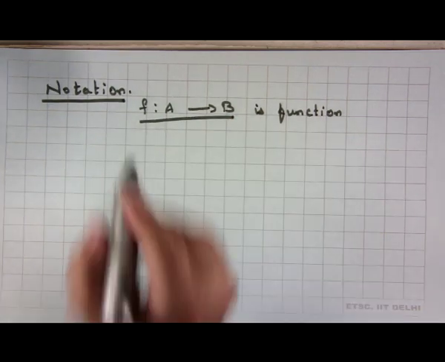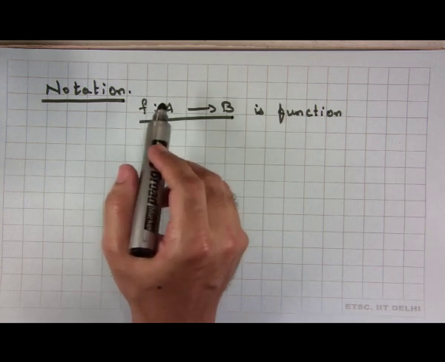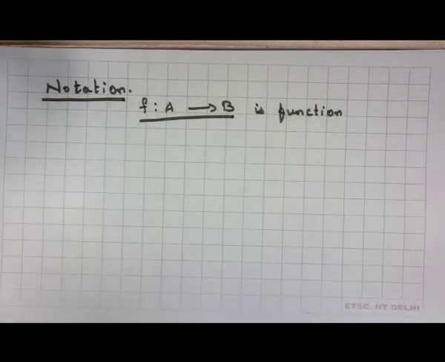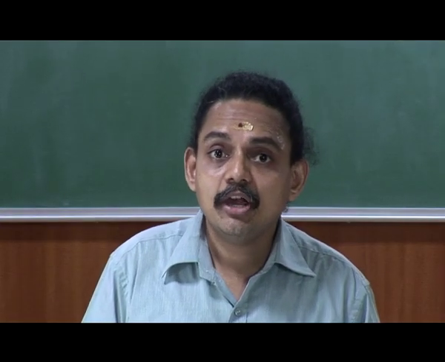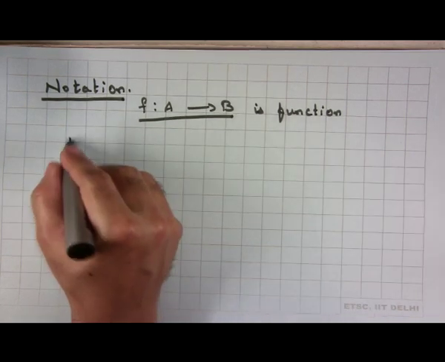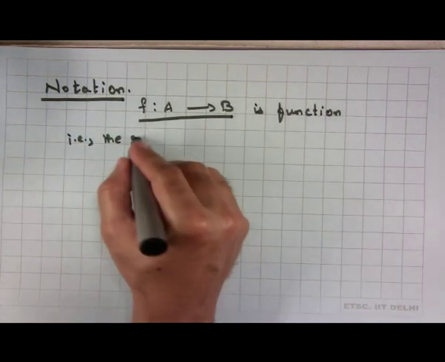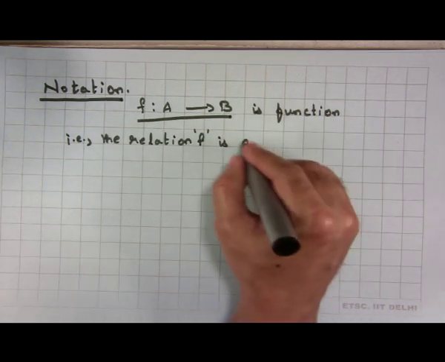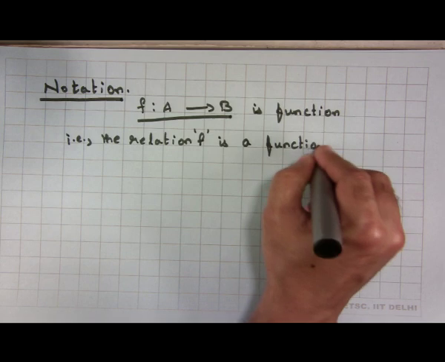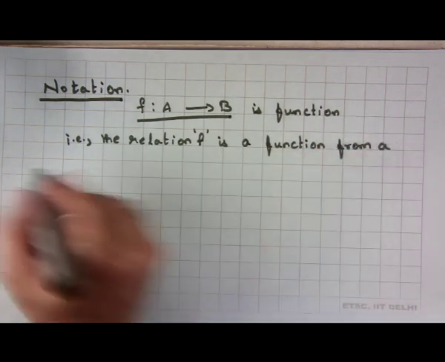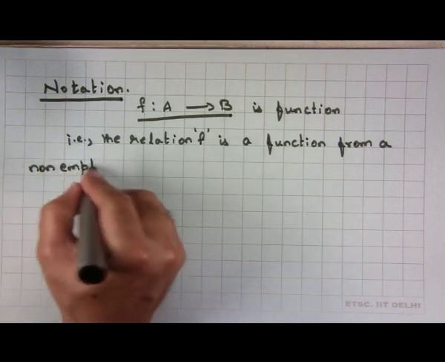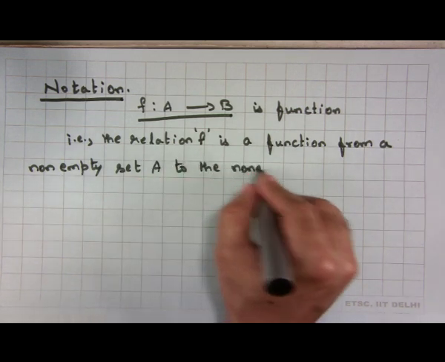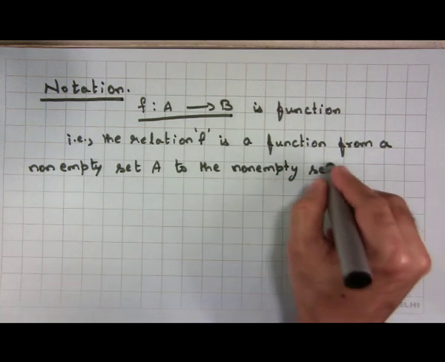So, rather than saying that f is a relation from A to B with certain properties, this is the standard notation f colon A arrow B. This means that you have a function from a non-empty set A to a non-empty set B. So, that is, the relation f is a function from a non-empty set A to the non-empty set B.